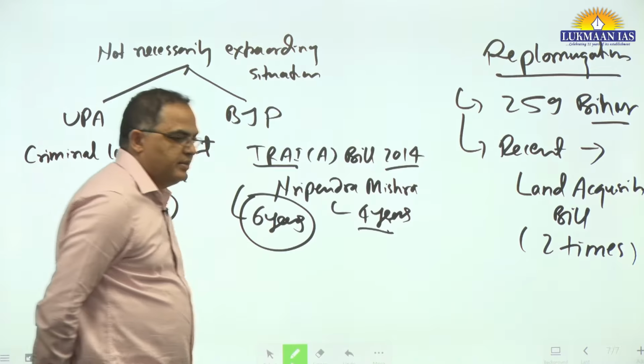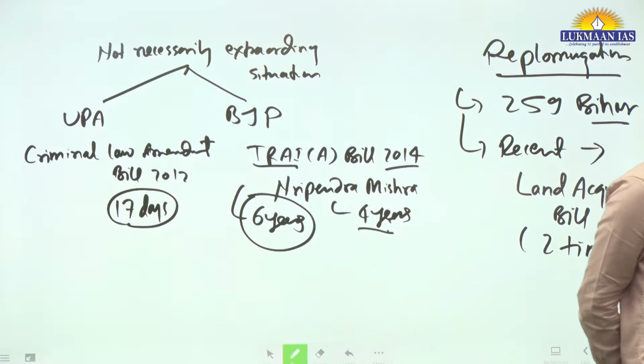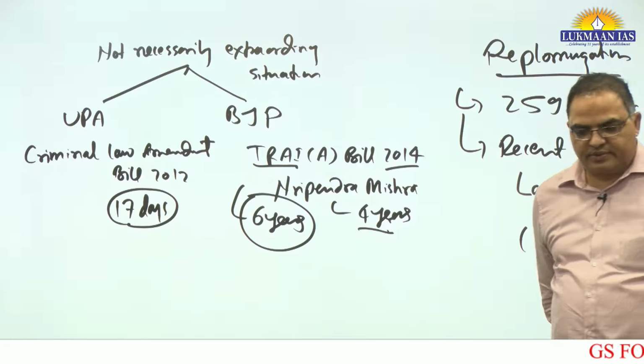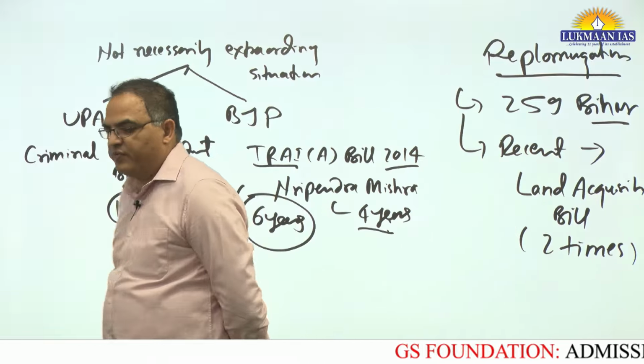Like by Bihar, 259 ordinances. Some were repromulgated even for 14 years.